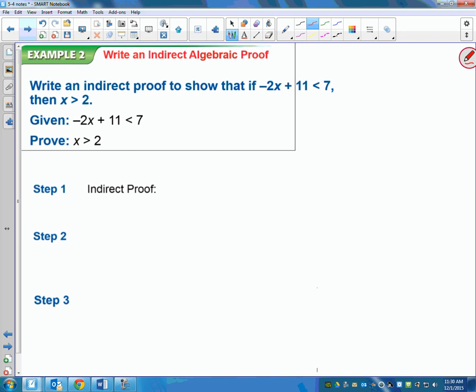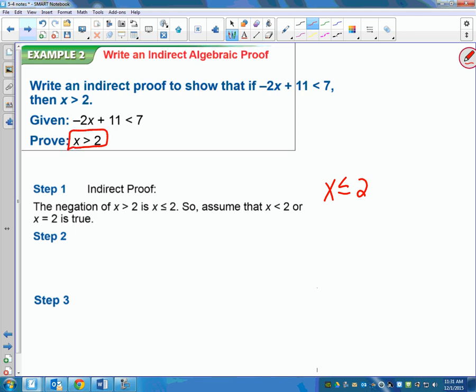So if I was writing this, I would write, assume that x is less than 2, or x is equal to 2, or could you say x is less than or equal to 2? Would that be the same? We want to do the opposite of what we're trying to prove, that x is greater than 2, so we assume the opposite.